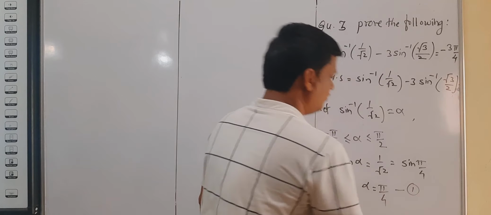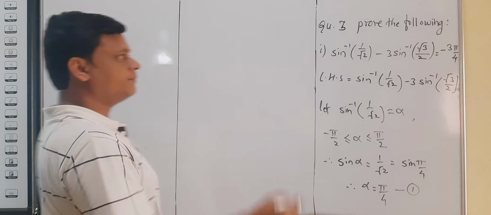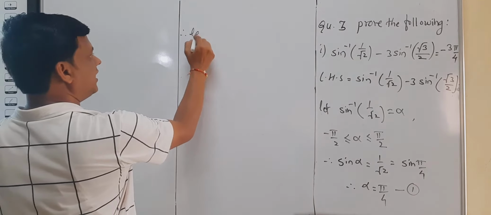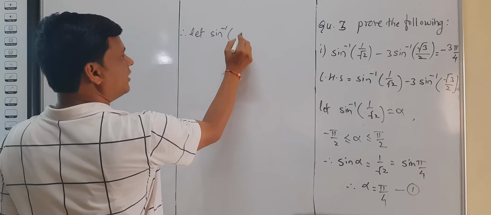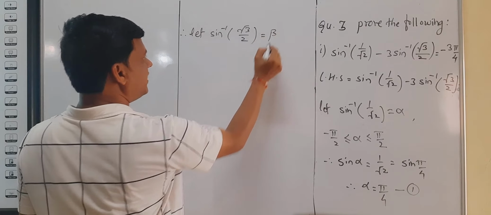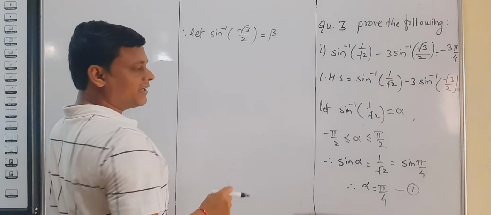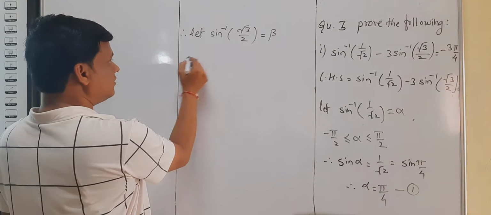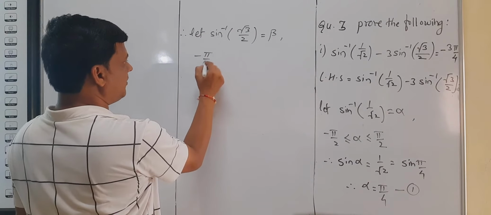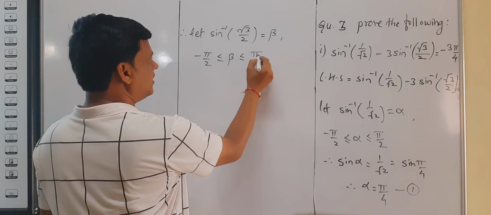This is the first value. Now we have to find the value of sin inverse of root 3 by 2. Therefore let sin inverse of root 3 by 2 be equal to beta, and this beta also belongs to the closed interval minus pi by 2 to plus pi by 2. Minus pi by 2 less than or equal to beta less than or equal to plus pi by 2.